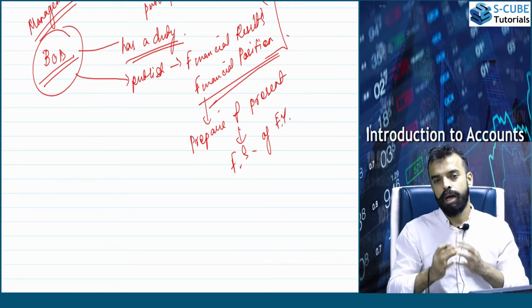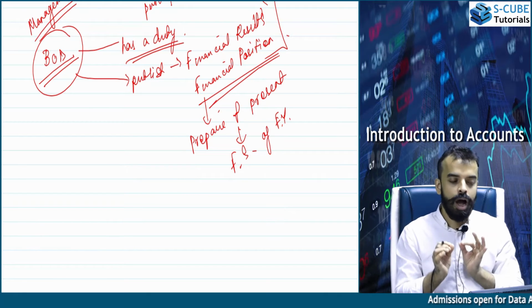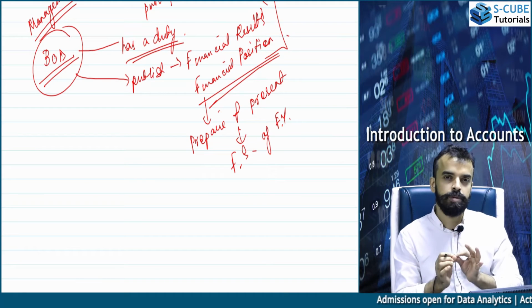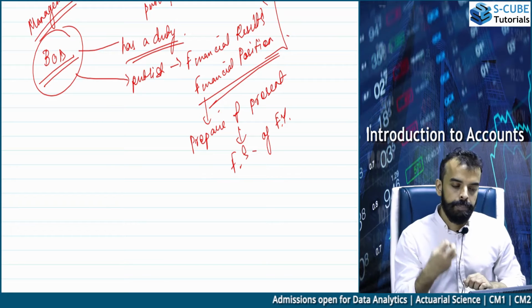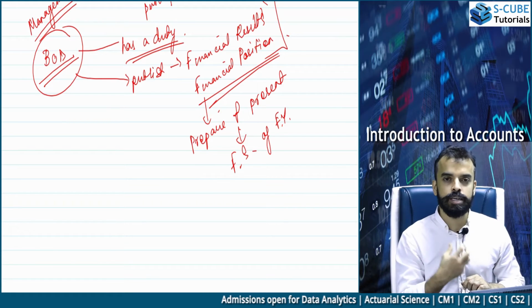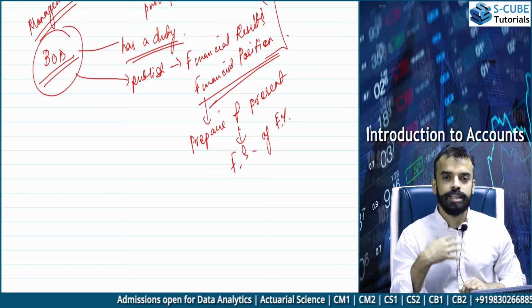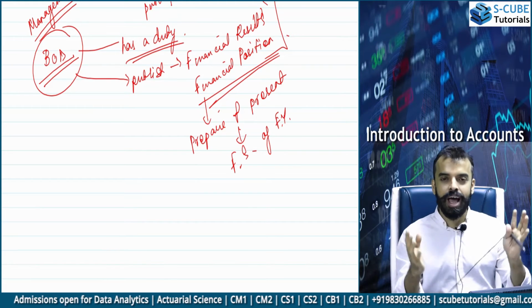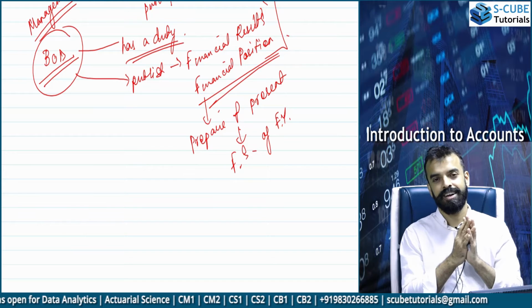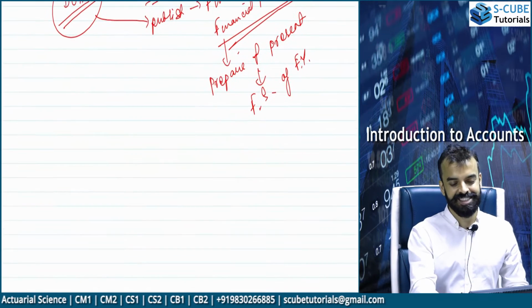So the board, in order to ensure accountability in a transparent manner, will publish the financial statements. In order to publish the financial statements, they must take care of the accounting, and that is why accounting, or rather financial accounting, is done.